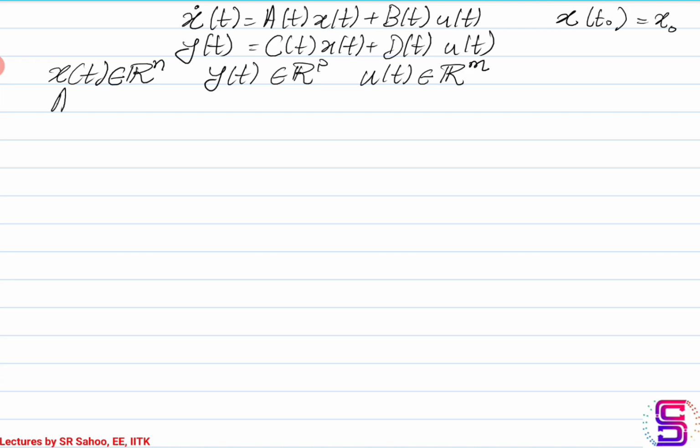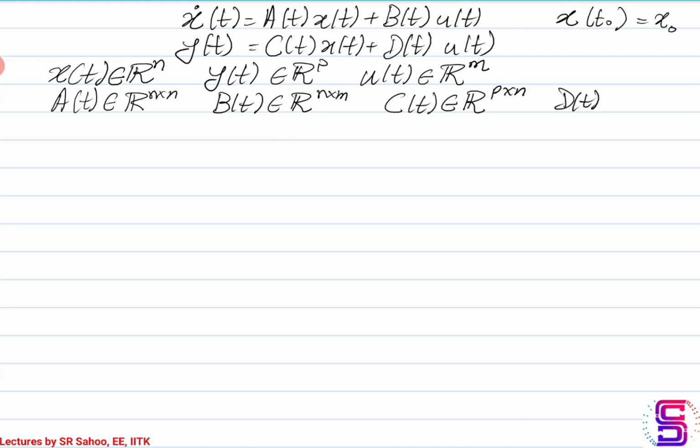And on these lines, we also have A of t being an n cross n matrix, B of t being an n cross m matrix, C of t is a p cross n matrix, and D of t is a p cross m matrix, and all these matrices are real matrices.